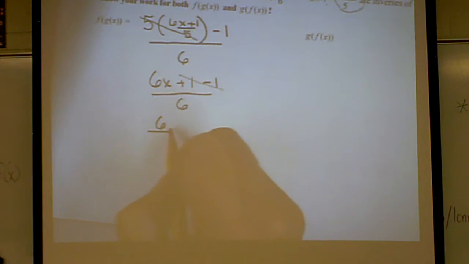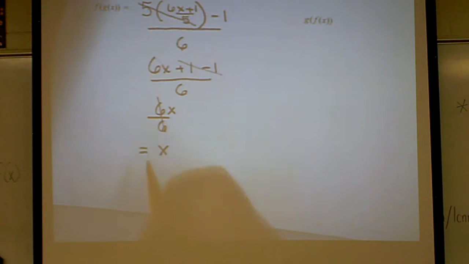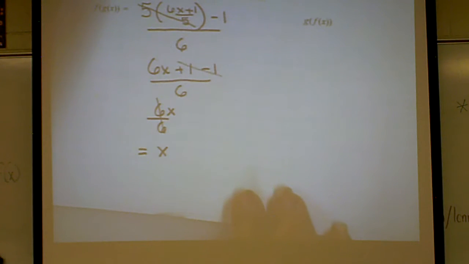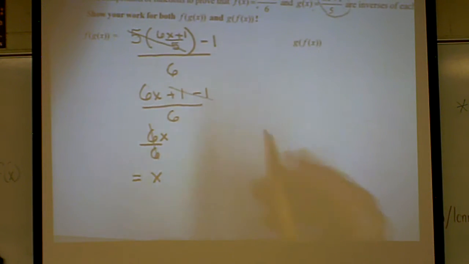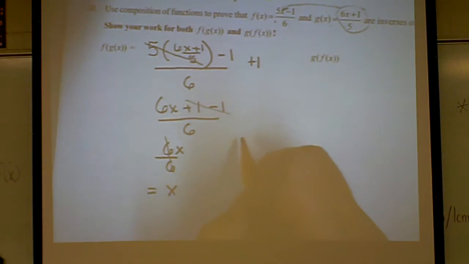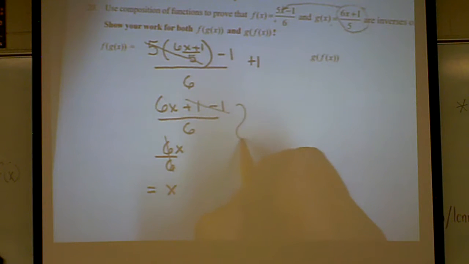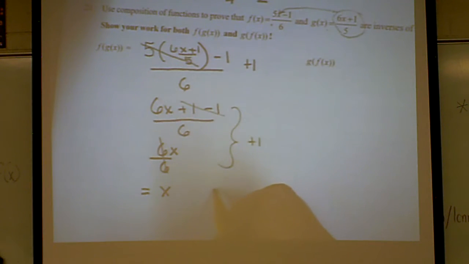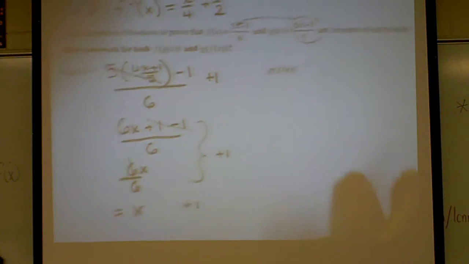So you have 6x over 6. The 6's cancel, and we have reduced this to just simply x. So far, so good. I gave 3 points: 1 for setting up the composition, and another 1 for your work, and then your answer. So 3 points for that one.